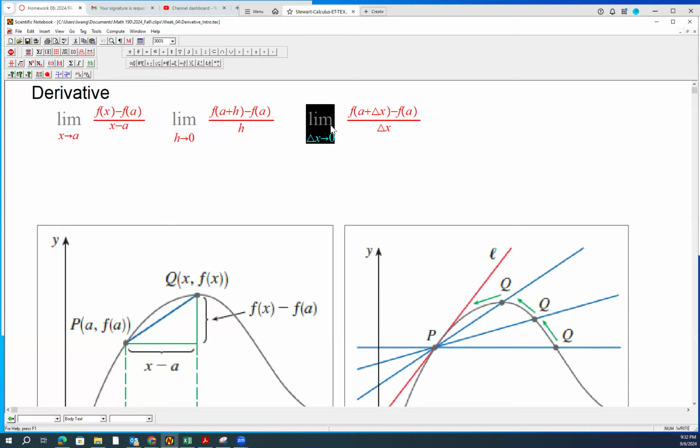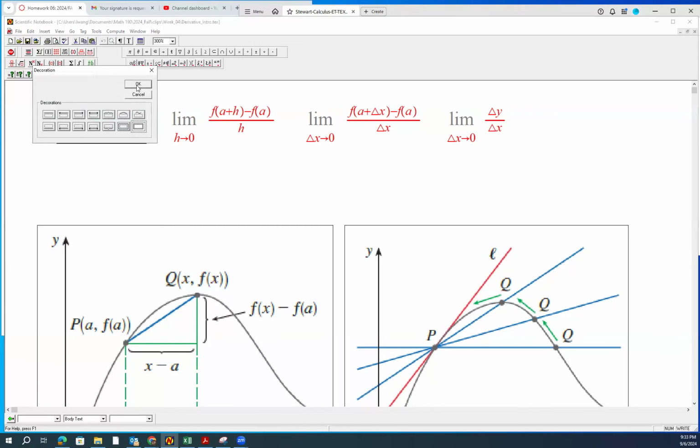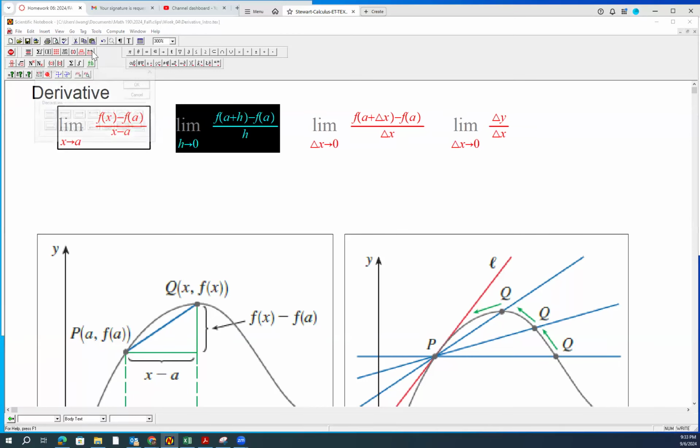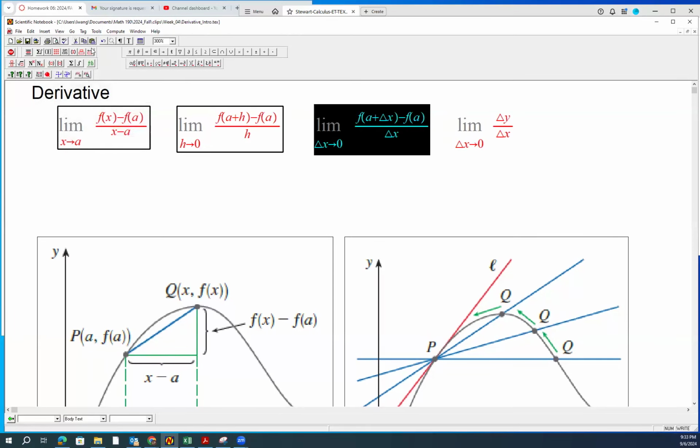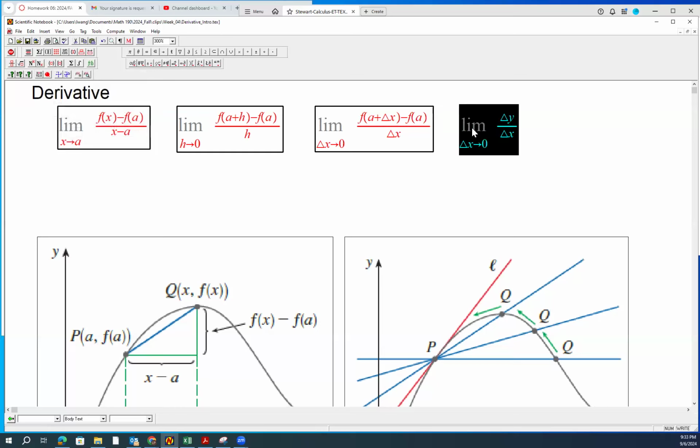And the last one is this piece over delta y, delta y over delta x. So this is delta y. So these are form number 1, number 2, number 3, number 4. They all do the same thing. If one limit exists, all the others exist, because they're just different ways of expressing it.